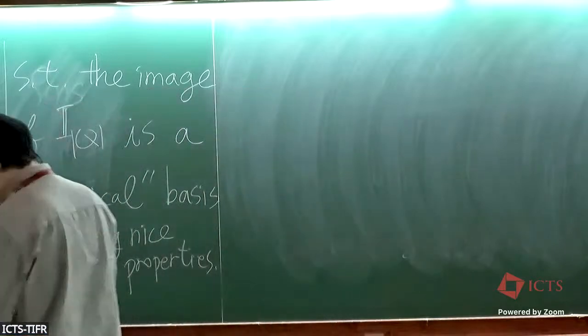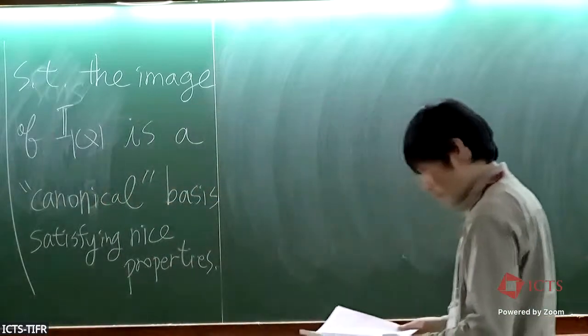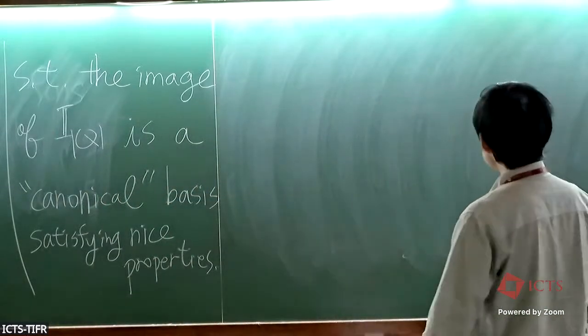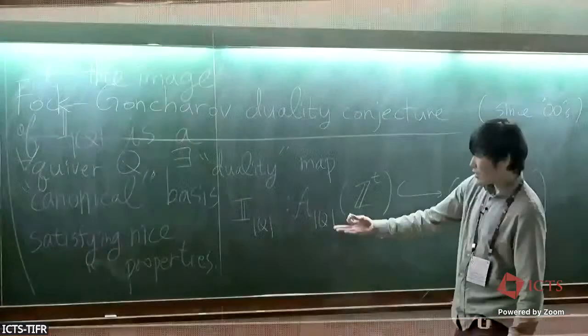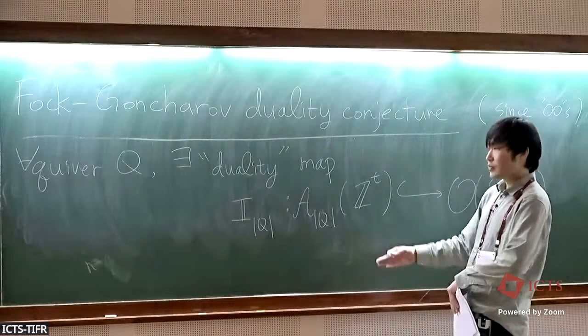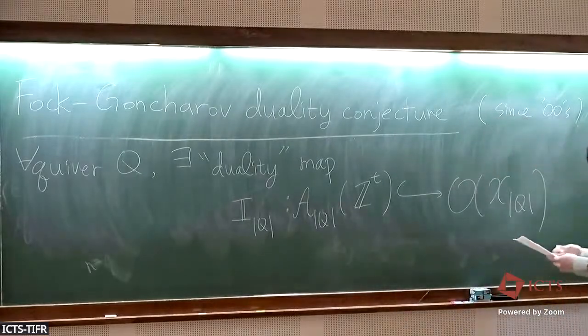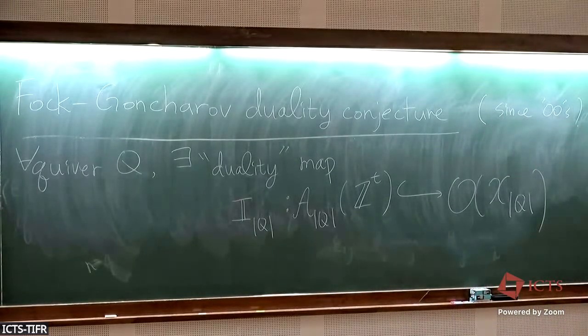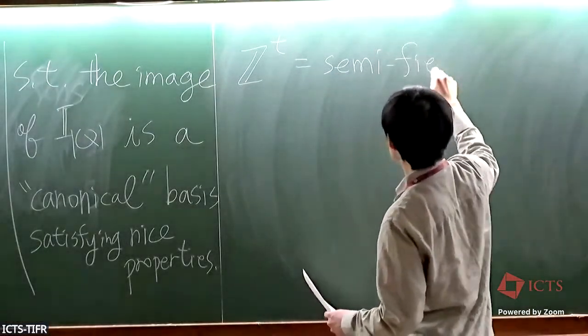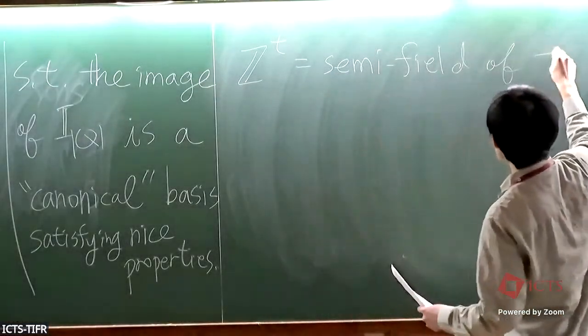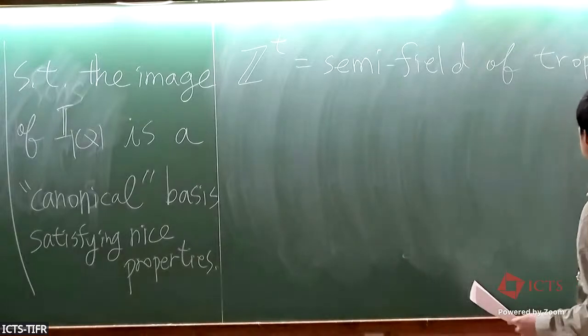And then I have to tell you at least the definition of Z^T. So you usually would evaluate a scheme or a stack at a field, but this is a semi-field. A semi-field is something like a field without subtraction. And this is a special example. Z^T is a semi-field of the so-called tropical integers.